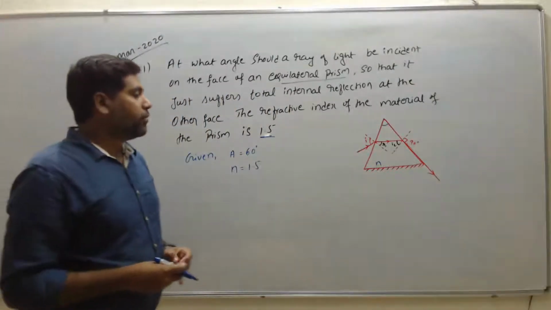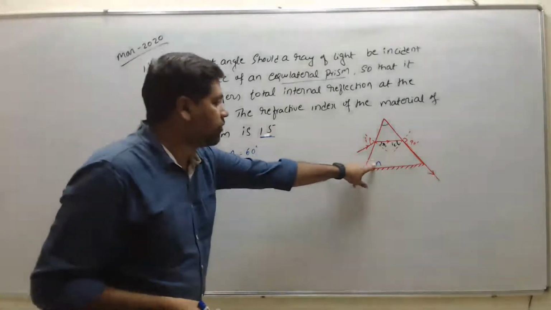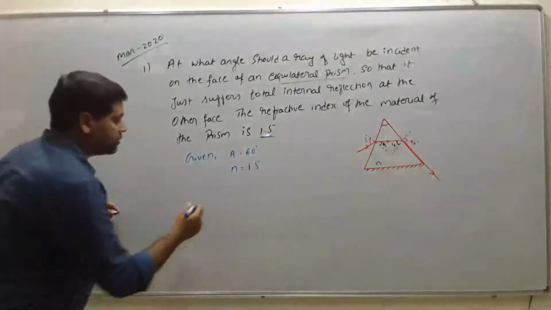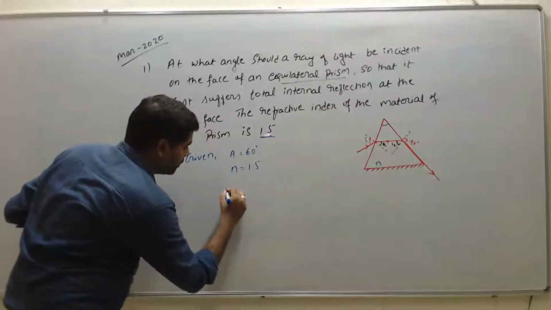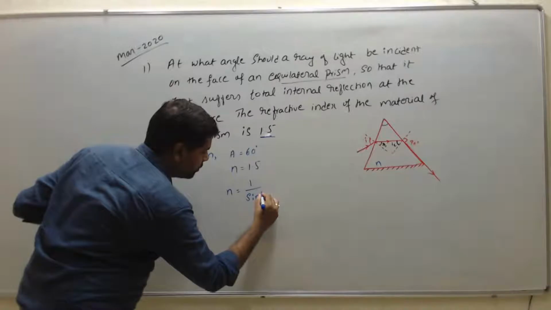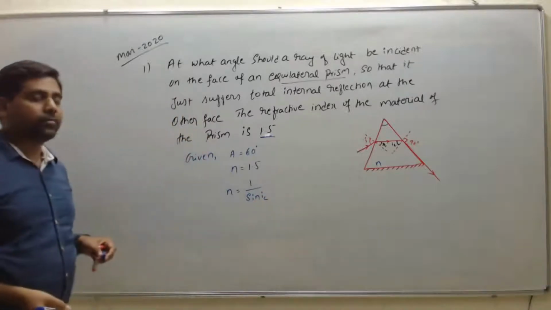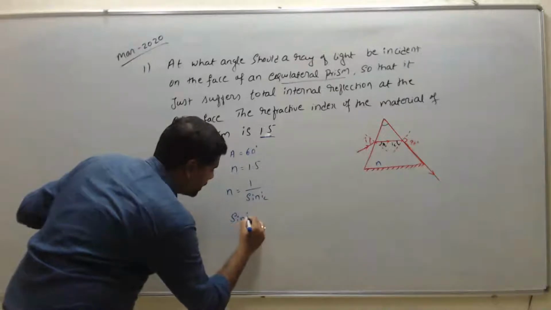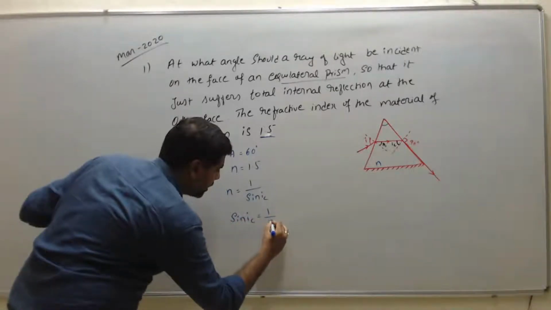Next, we know the relation between the refractive index and the critical angle: n is equal to 1 divided by sine iC, that is, sine iC is equal to 1 divided by n.